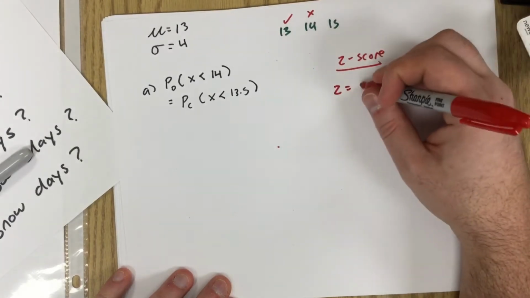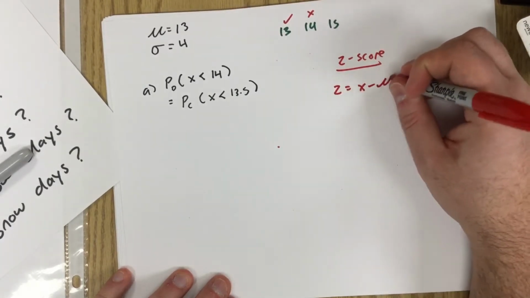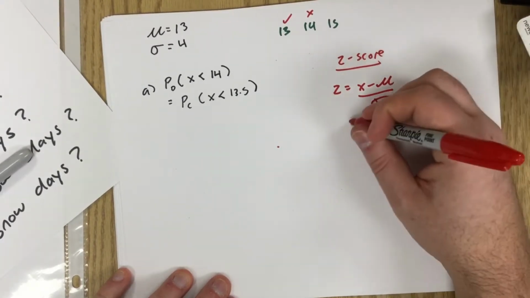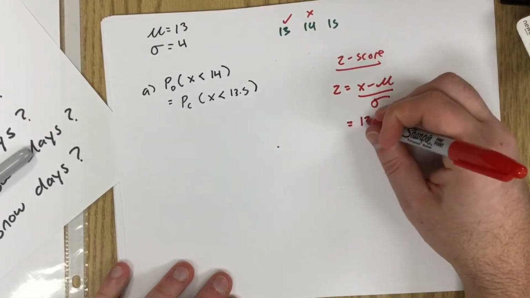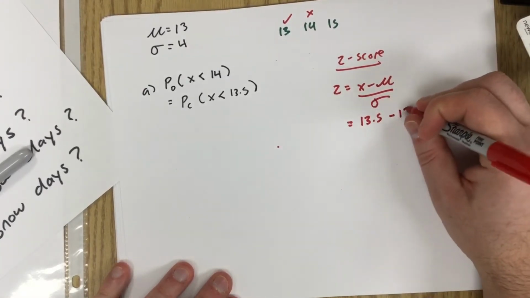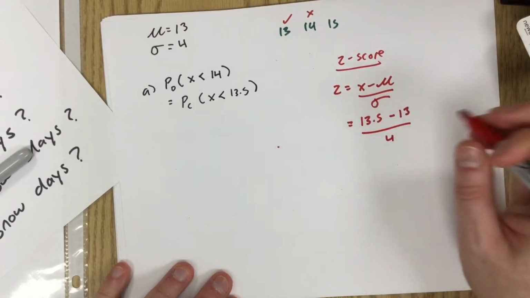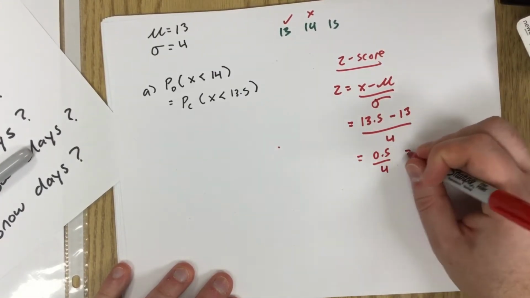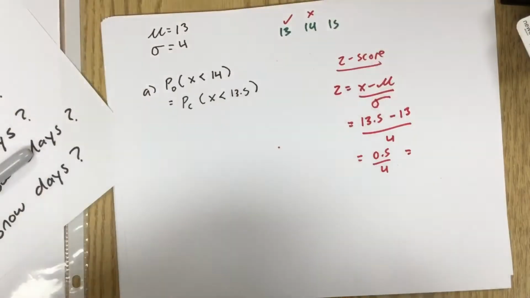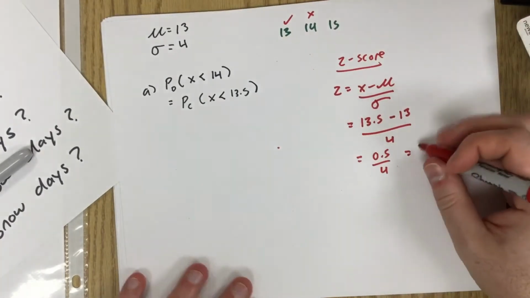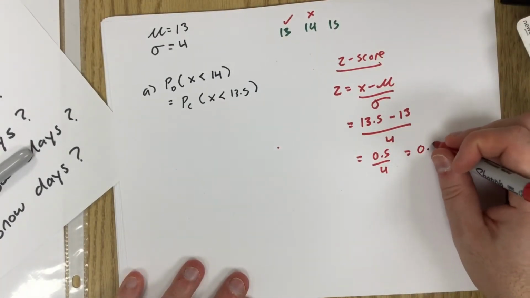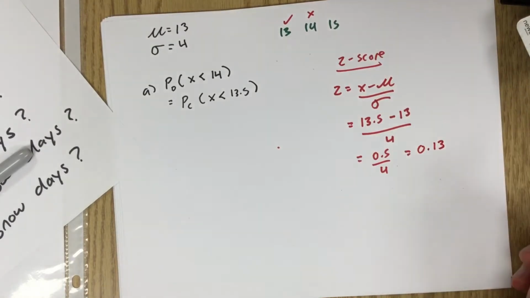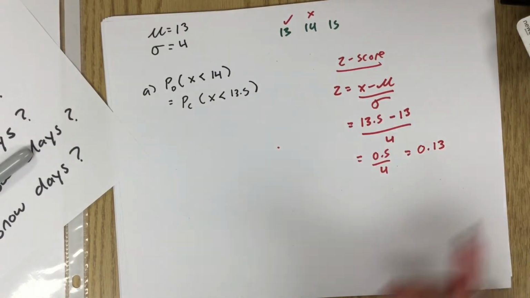So the z-score is x minus mu over sigma, which is going to be 13.5 minus 13 over 4, which is 0.5 over 4, which is 0.125. So it's 0.125, which we're going to round to 0.13 because this is math and not science.